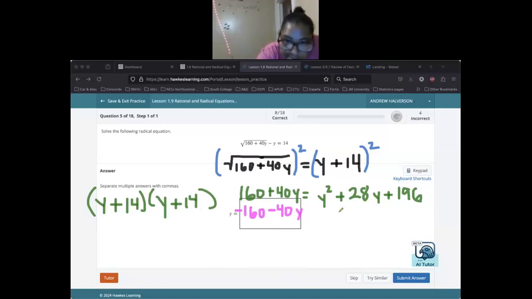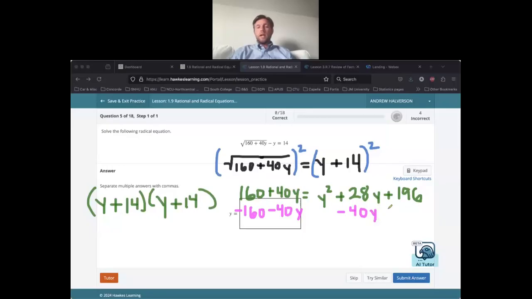You add the opposite. Great. So I'm going to subtract 40y from both sides, and I'm going to subtract 160 from both sides. Excellent. So that makes my left side become 0 because these things go away. They cancel. That's by design.